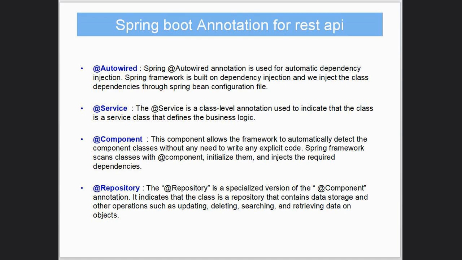This annotation allows the framework to automatically detect the component classes without any need to write any explicit code. Spring Framework scans classes with @Component, initializes them, and injects the required dependencies. The @Component annotation is used to initialize the classes.